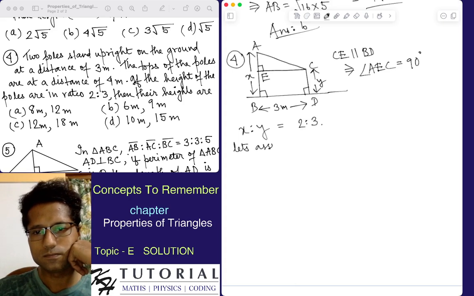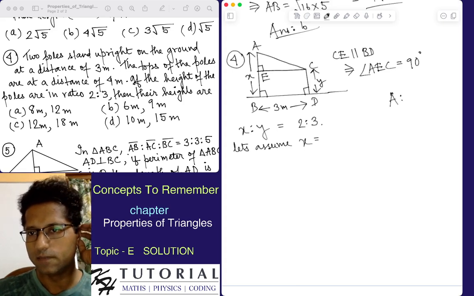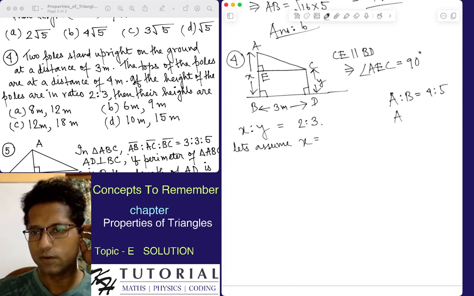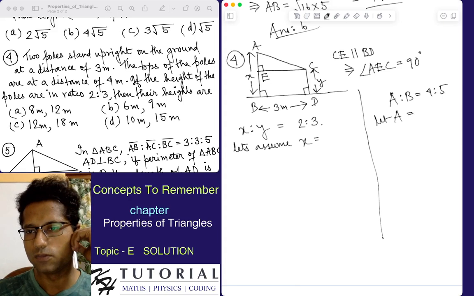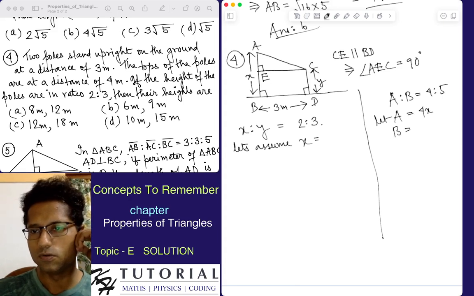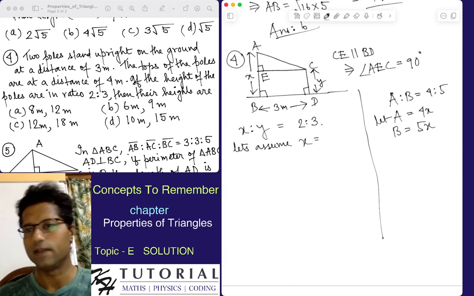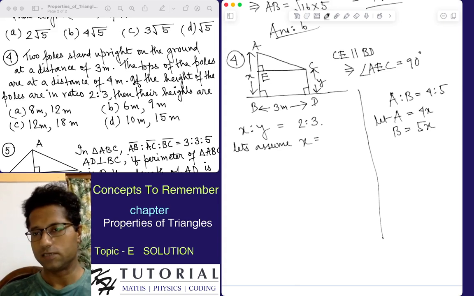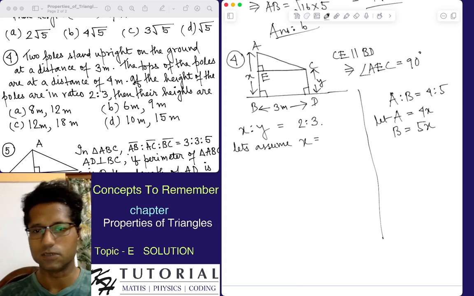We know that in a ratio and proportion problem, if two quantities A and B have ratios given as, let's say, 4 is to 5, to solve certain kinds of problems we let A equal 4x and B equal 5x, then use other information given to find x. Once x is found, we get A equals 4 into x and B equals 5 into x. A similar concept we will apply here.